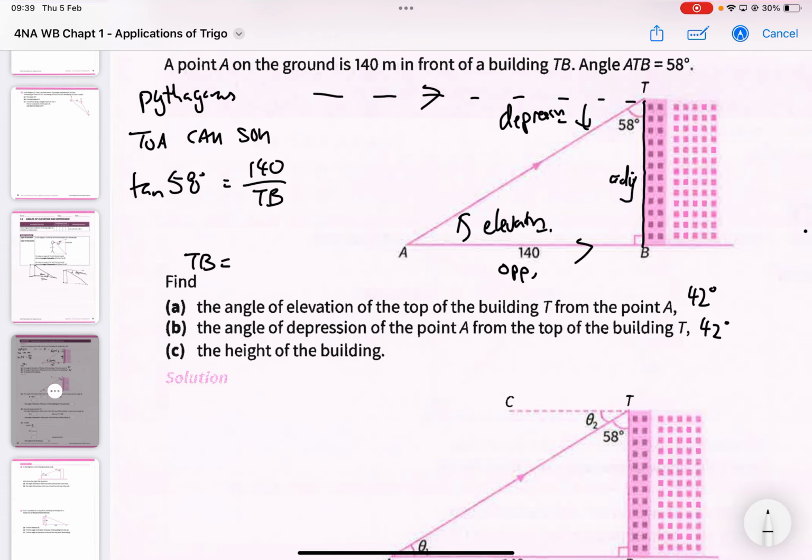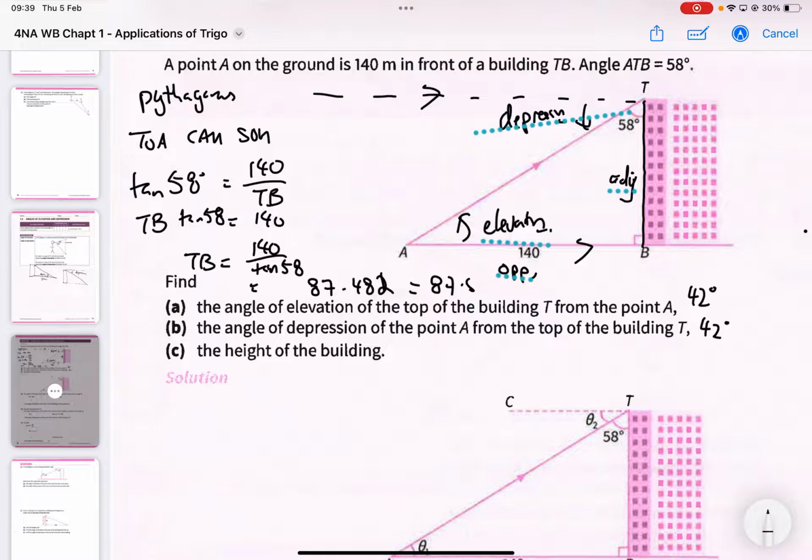When I multiply it across, it will become TB multiply tan 58 equals 140. Then I only want TB, so I divide by tan 58. Then all these are numbers. I just press calculator, I can get the answer already. 140 divided by tan 58 is 87.482, or roughly 87.5 meters.